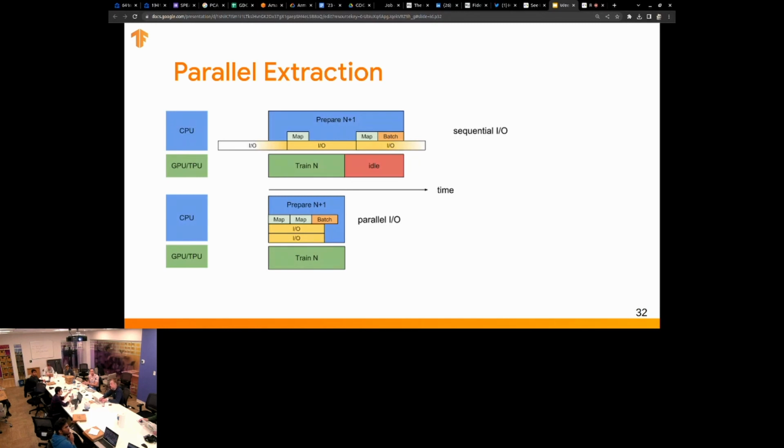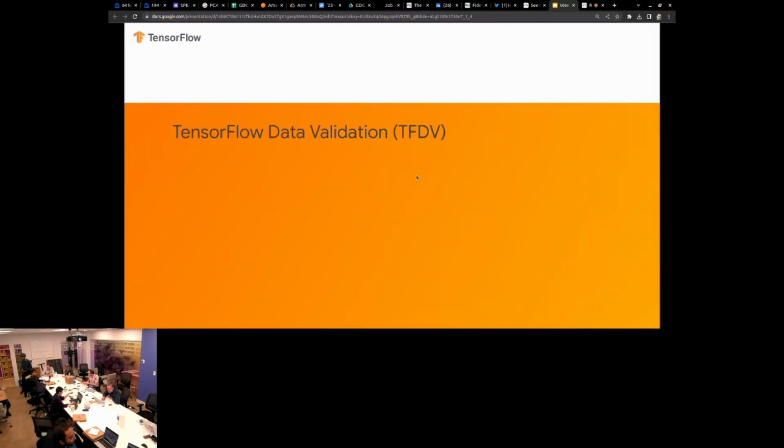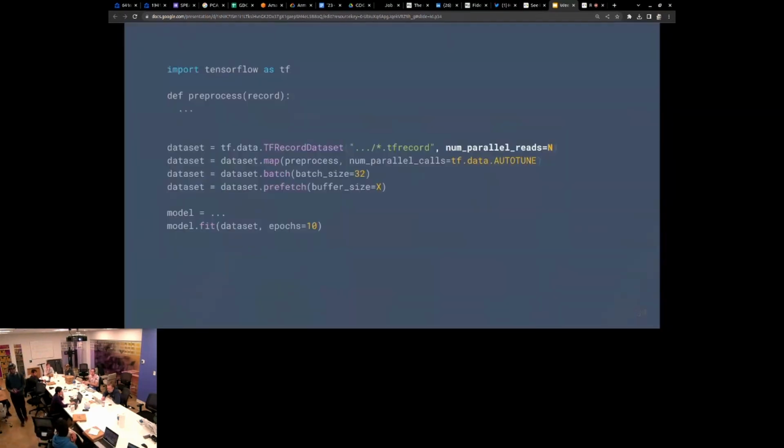So we save so much time, but still we are bounded by how quickly we can access the storage to get this input data. By reading this data in parallel, we are making it even faster. So at multiple levels, one from reading the data, one from mapping the data, and one from prefetching the data, we make the whole thing immensely faster.